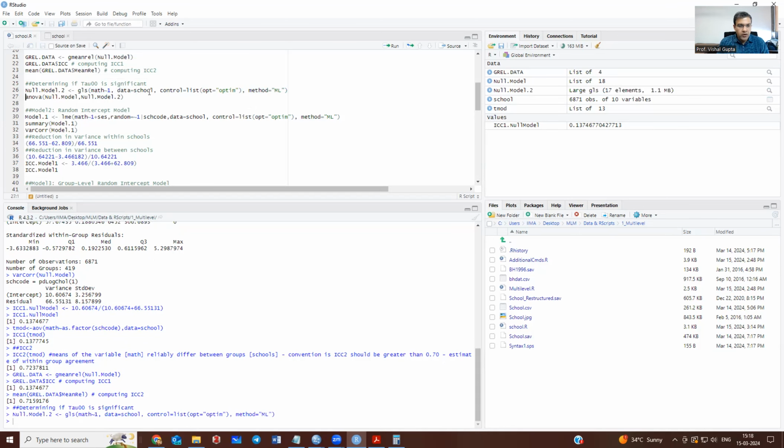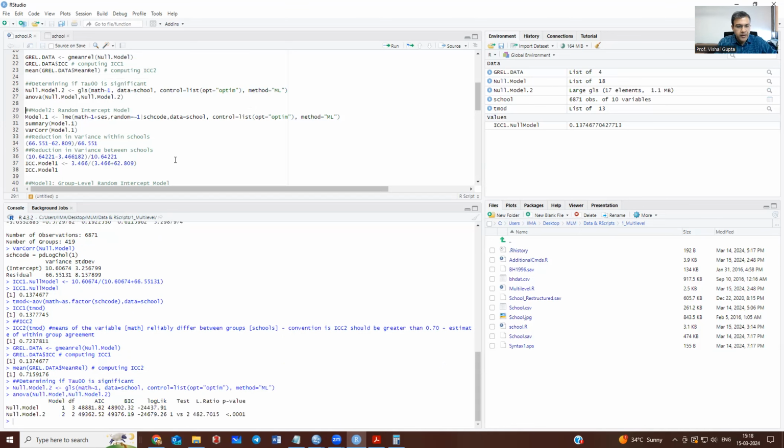So null.model.2 and then I have written ANOVA, and now when I compare these results, you can see that the second model AIC and BIC are more than the first model or the null model AIC and BIC. Then the -2 log likelihood.